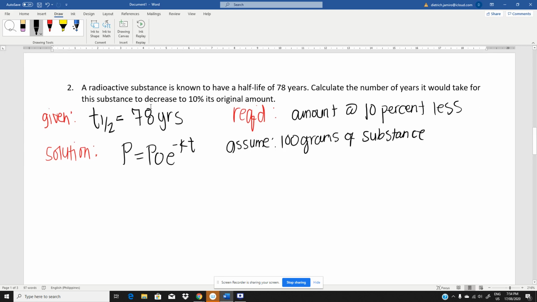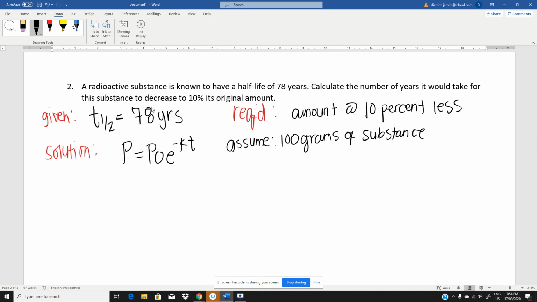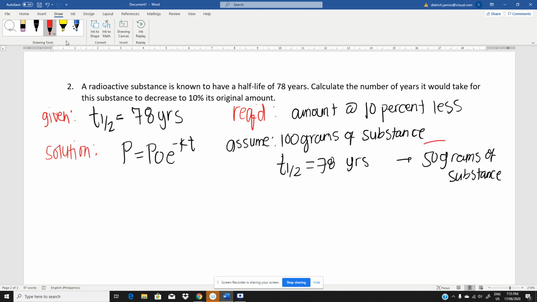The half-life of our given is 78 years, meaning after 78 years we will only have 50 grams of substance. So 50 grams is going to be our P, our assumed value is going to be our P sub O, and this one is going to be our time.